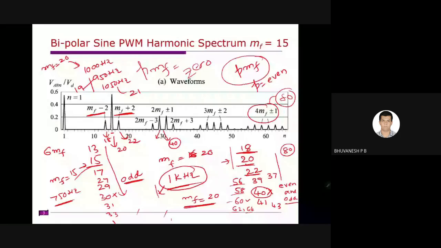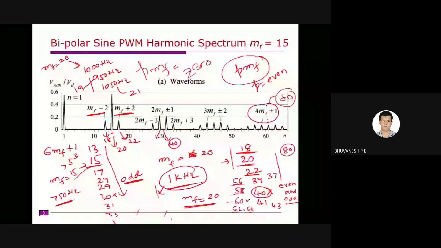At 6 MF you don't have a harmonic, right? But you have harmonics at 6 MF plus or minus 1, plus or minus 3, plus or minus 5, and plus or minus 7.